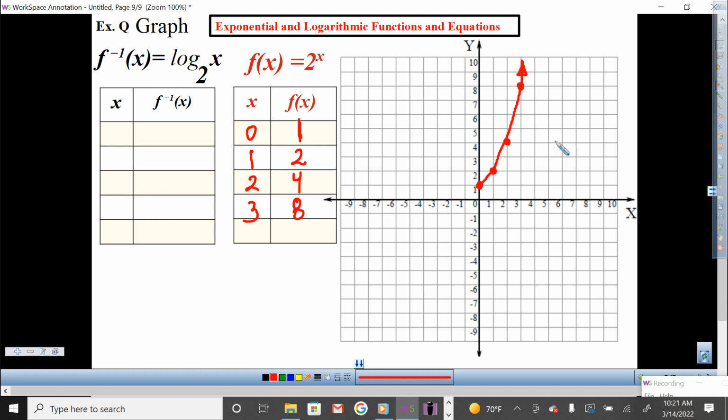Now check this out. Put your thinking cap on. According to, who went? Oh, Pablo. Pablo said that a logarithm is the inverse of an exponential. Isn't this an exponential? Exponential, yes. So if this is the inverse, that means we do this. Copy this, please.